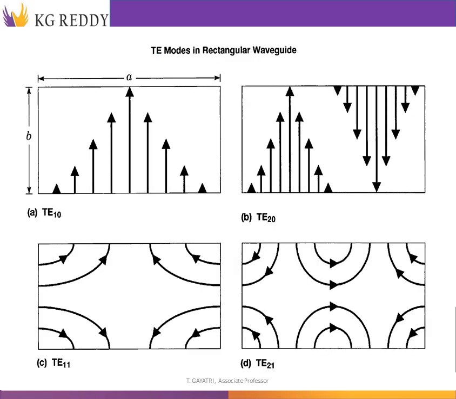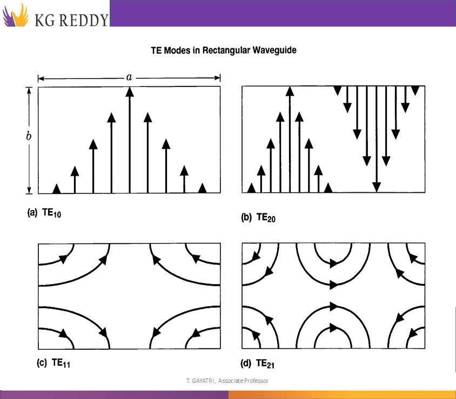We can see for TE10 mode, we know that the long dimension is a and the short dimension is b. Now TE10 mode indicates that along the long dimension there is a half wave. You can see in box 1 we have a half wave along the long dimension a, and along the short dimension b, 0, that is there are no half cycle propagations along b.